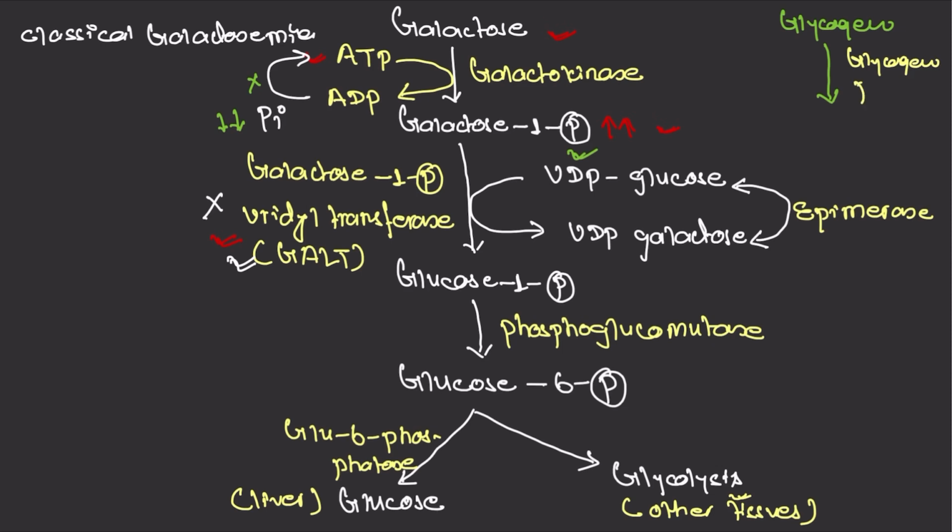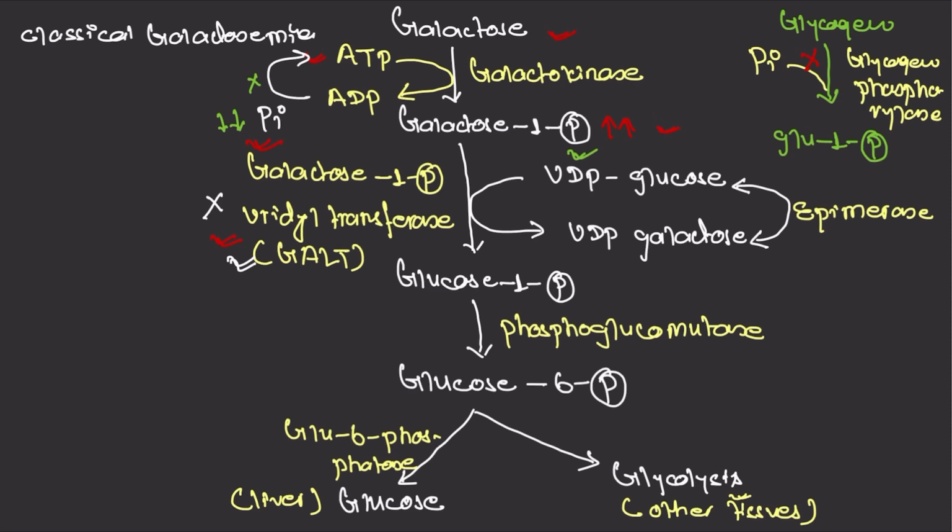Glycogen phosphorylase catalyzes the first step of glycogenolysis, and what it actually does is remove glucose from glycogen as glucose 1-phosphate. This reaction needs inorganic phosphate. But in classical galactosemia the level of inorganic phosphate is down, so this reaction will be inhibited. So glycogen will not be broken down into glucose.